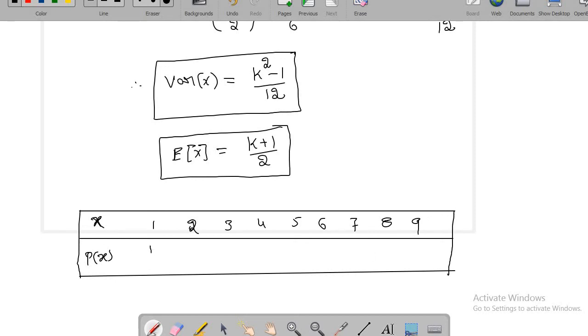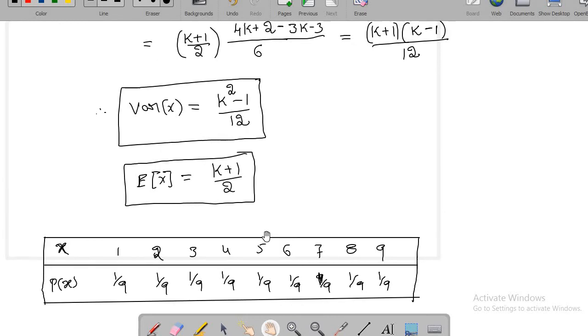Each of them has probability 1/9. So this is a random variable with equally likely outcomes, a sample space with equally likely outcomes.